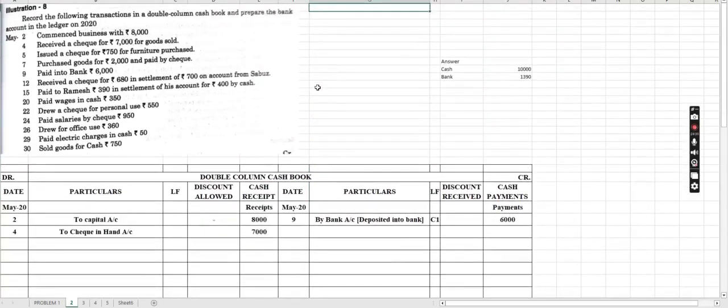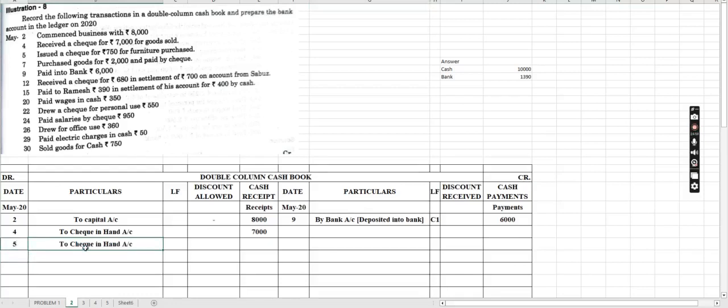Received a check for 680 in settlement of 700 on account from Shabaz. This means we have received the amount by check in settlement of 700 rupees. We have not deposited that check into bank yet.